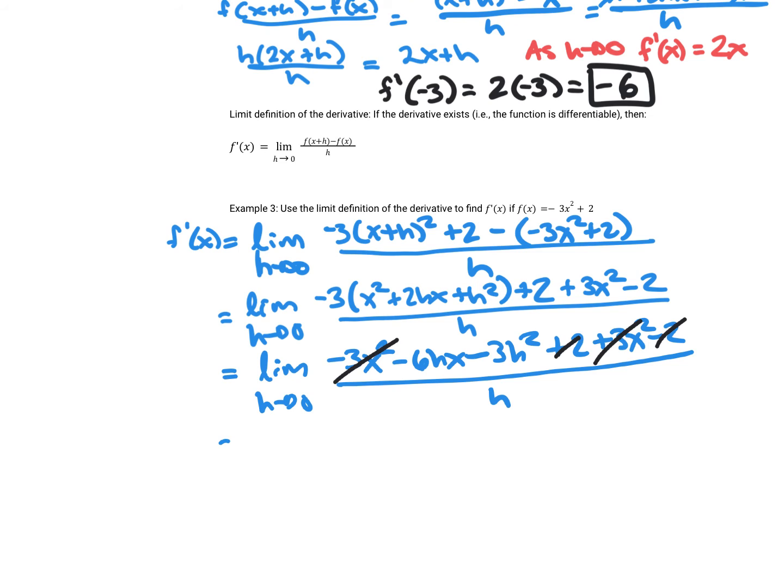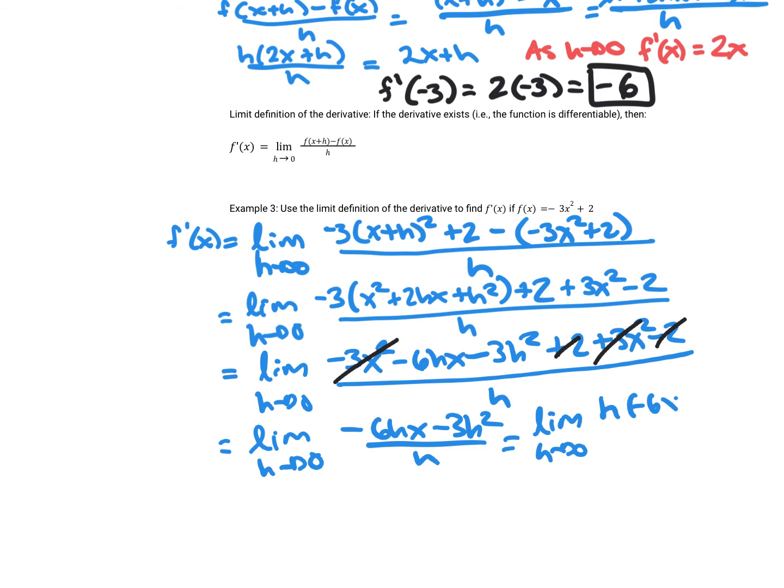And so we're left with the limit as h goes to 0 of negative 6hx minus 3h squared all over h. And if I factor out the h from the numerator, I've got h times (negative 6x minus 3h). Then that h in the numerator and the denominator go away.